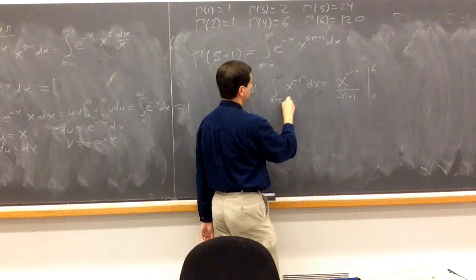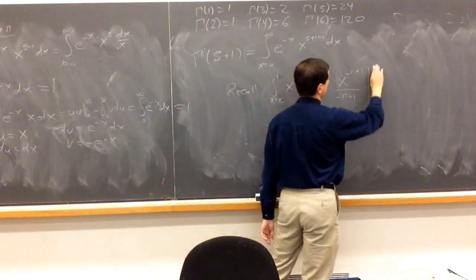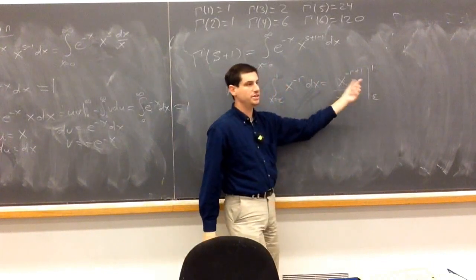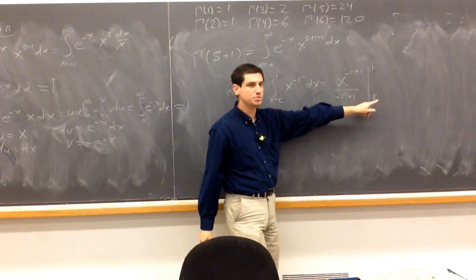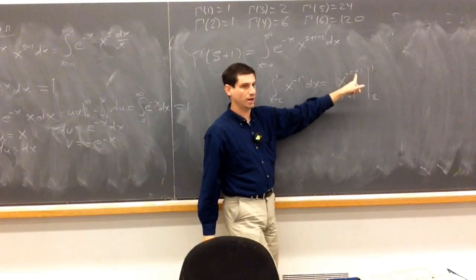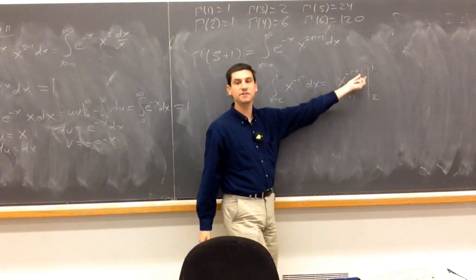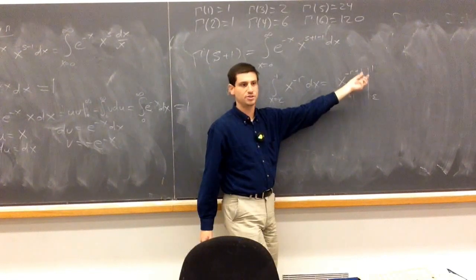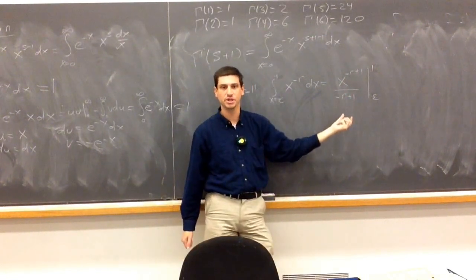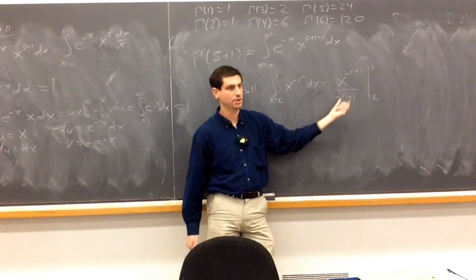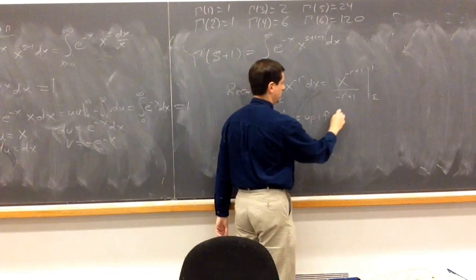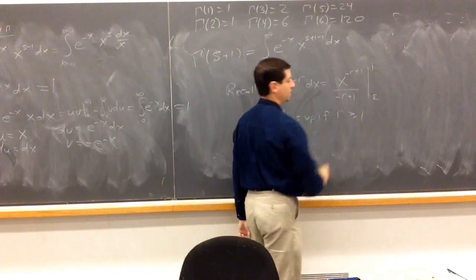Let's go from epsilon to 1. When I plug in an upper bound of 1, there's no problem. But as epsilon gets smaller and smaller, if r is greater than 1, this is going to be x to a negative power. So this would be like a 1 over epsilon, a 1 over epsilon squared, a 1 over epsilon cubed. This would blow up if r is greater than or equal to 1.